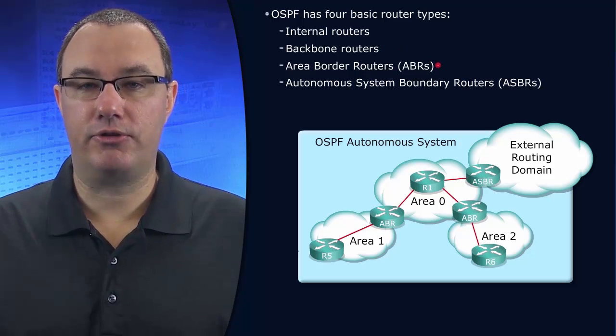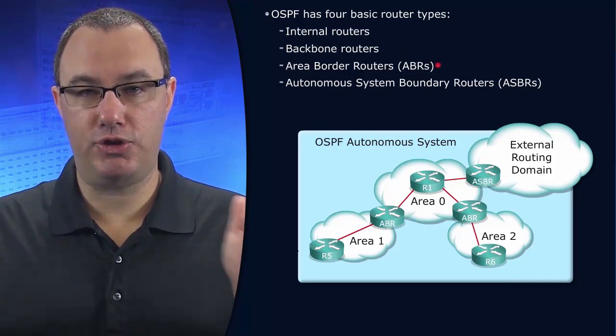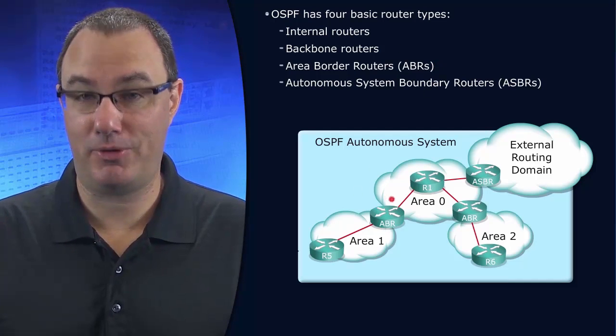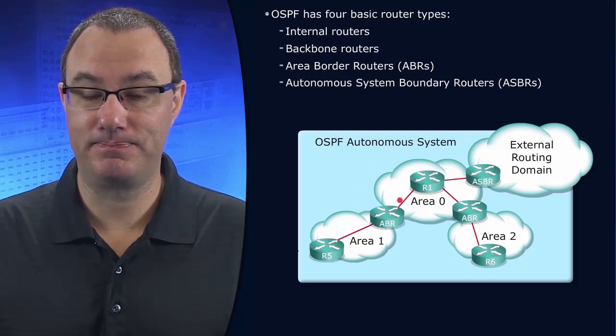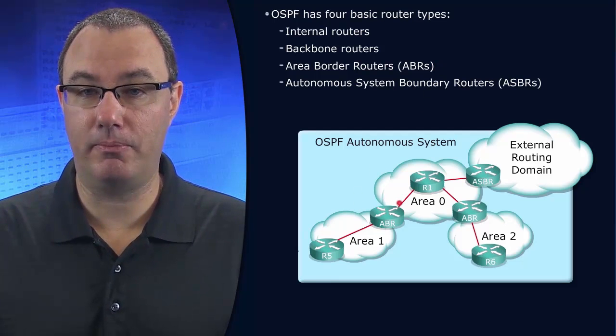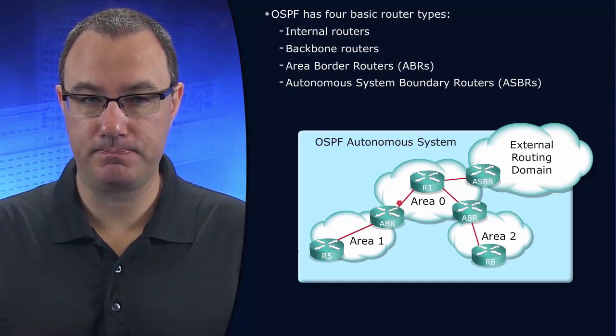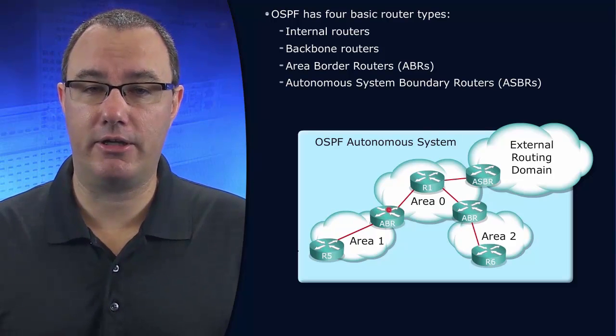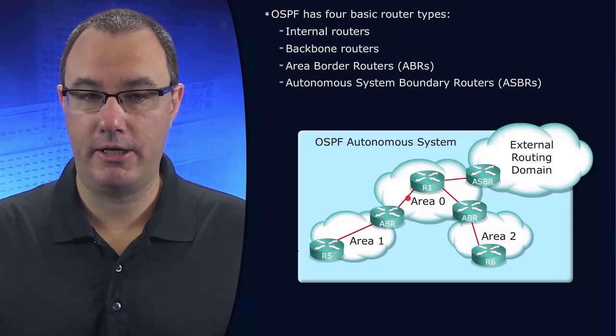Then we have routers that sit on the fence between 2 different areas. One of them has to be the backbone area. One of those interfaces must be connected to the backbone area on an area border router, because we have to recognize the significance of the backbone.